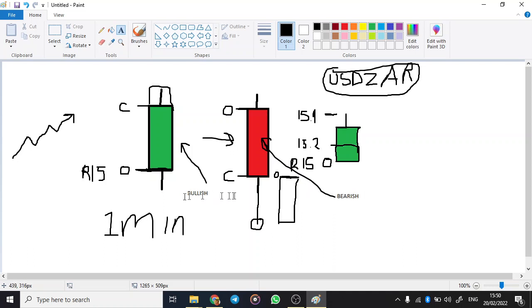So these are the only two types of candlestick. In terms of color, we don't have a third candlestick, but instead we have patterns of candlesticks, which I will cover in the next topic. We will talk about patterns of candlesticks. Let me just demonstrate here.